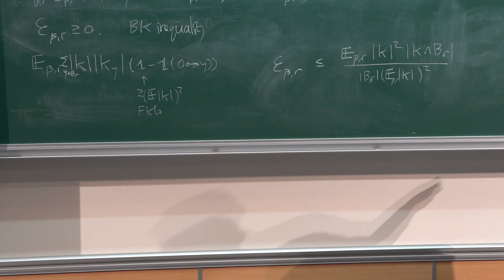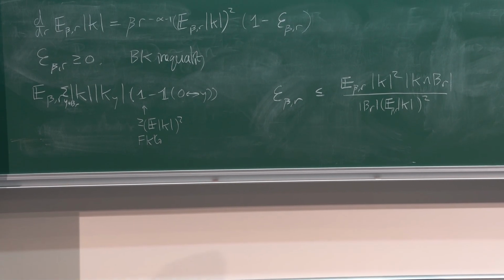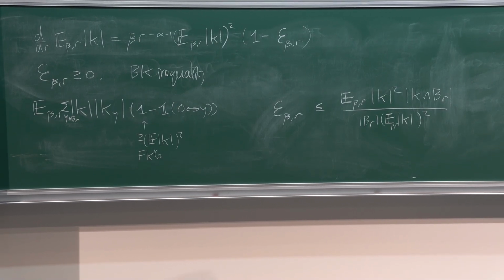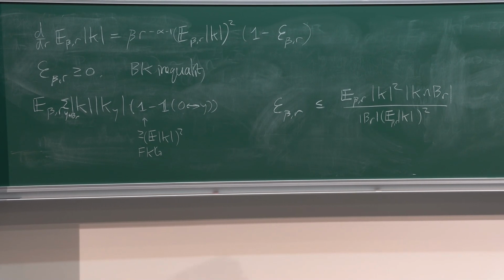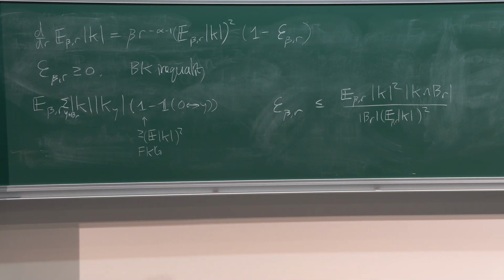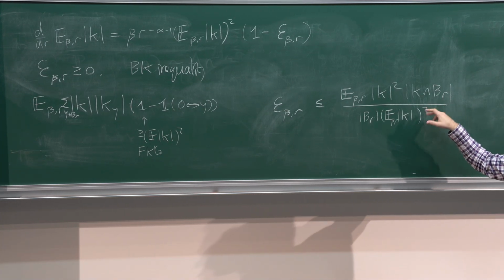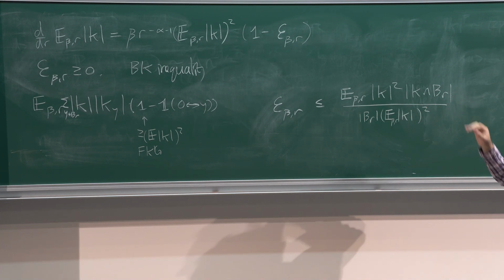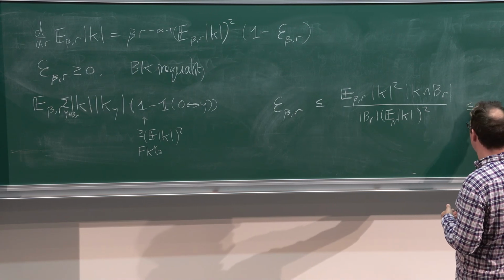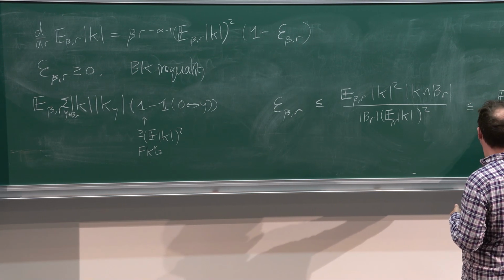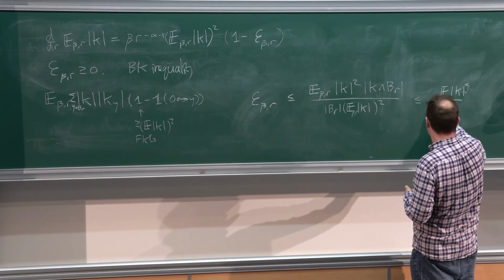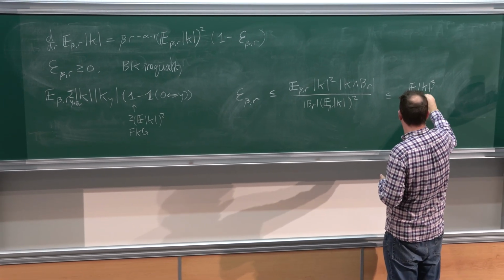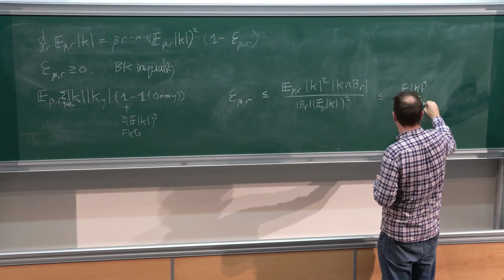All right. So for some things, like at the critical dimension and so on, the fact that you're restricting to a ball here is important, but for the analysis we're doing now, it's not. We're just going to bound this above by the ratio of the third moment to the volume of the ball times the square of the first moment.